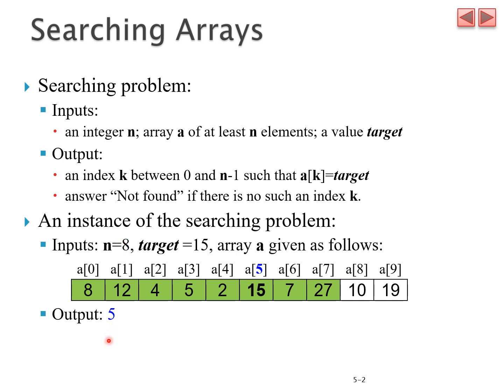The correct output of this instance is 5 because the element at index 5 in the array is the first element within the search range that has a value equal to the target value.